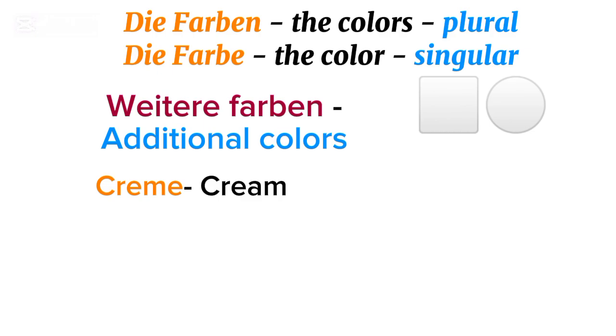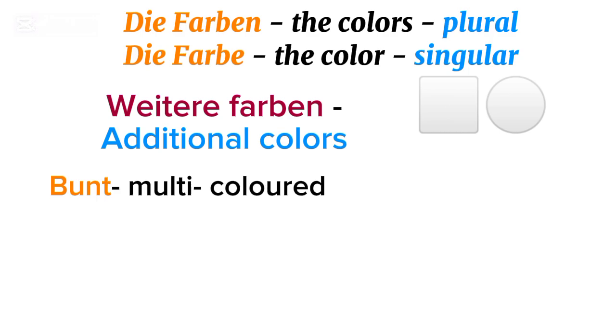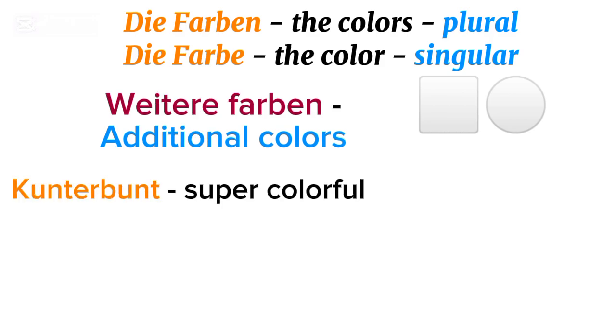Then we have bunt. This is something like it's multicolored. It has lots of colors. It is colored. Okay, it is called bunt. Okay, it is colorful. Okay. Kunterbunt, it's now super colorful. It is extremely colored.